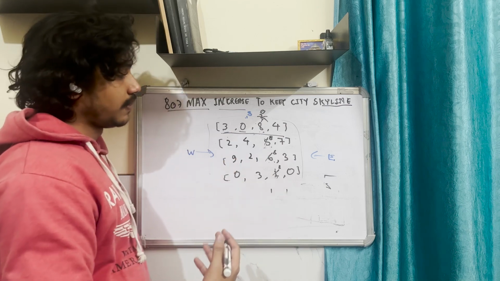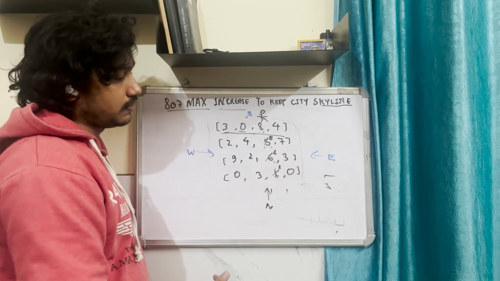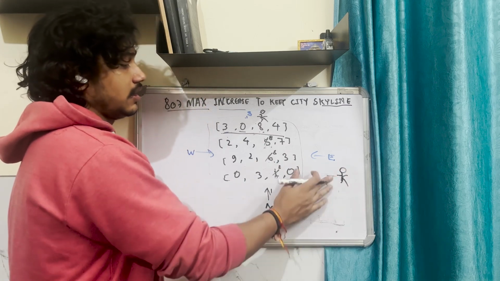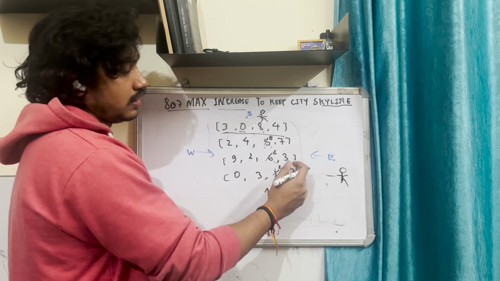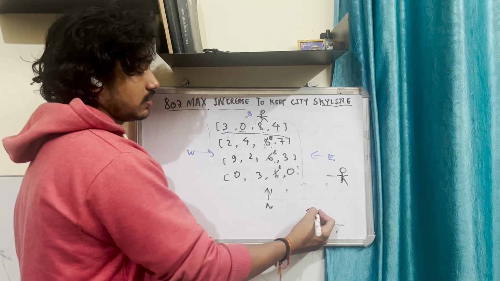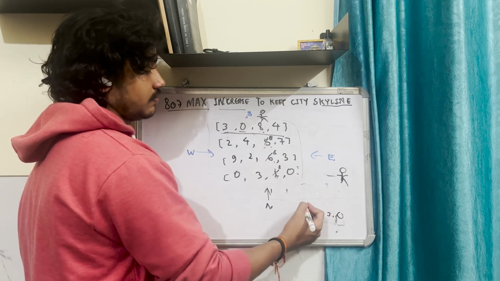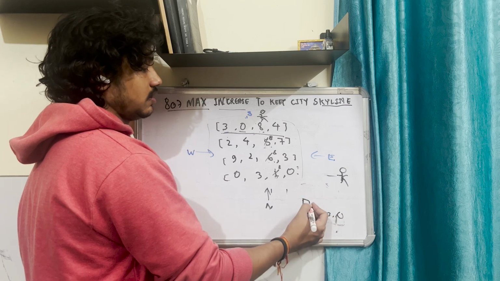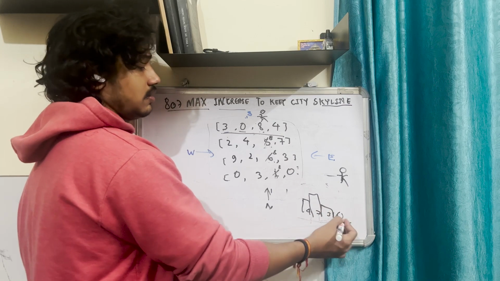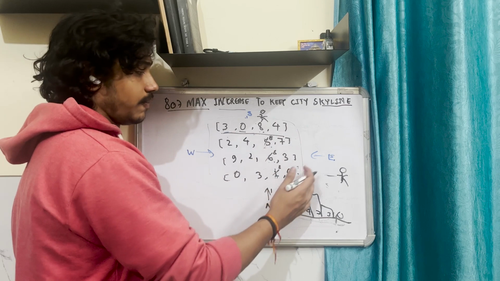You can do this. But if you think about the other direction also, if the user is standing here and we look from this direction, the earlier skyline was 4730. Let us suppose 4 is this, 7 is this, 3 is this, 0 is nothing. 4730.